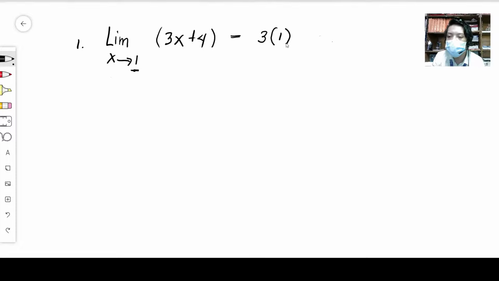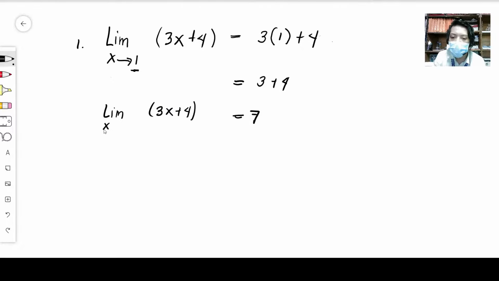This will be 3 times 1 plus 4. When you evaluate, this will be 3 plus 4, and this is equal to 7. So the limit of 3x plus 4 as x approaches 1 is equal to 7. This is the answer for number 1.